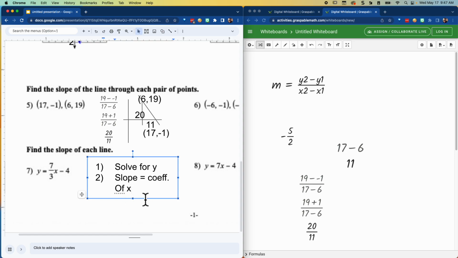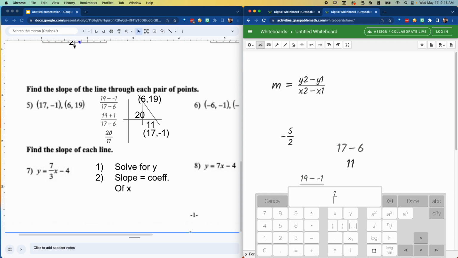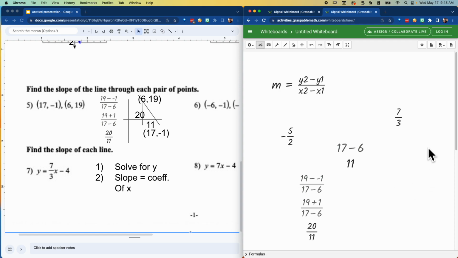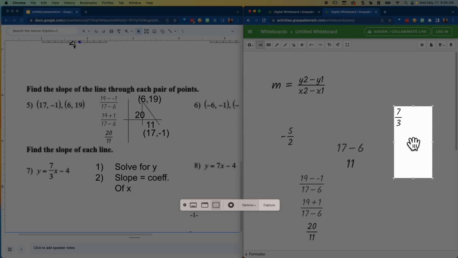What does that mean? It's the number multiplied by x. So when I look at this, y is solved because it's all by itself, and the coefficient is this number here multiplied by x, which happens to be 7/3. So I'll just type the fraction 7/3, and we're going to paste that in as our answer.